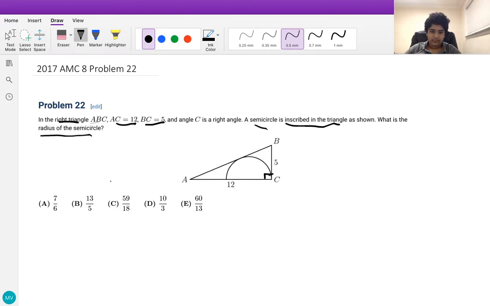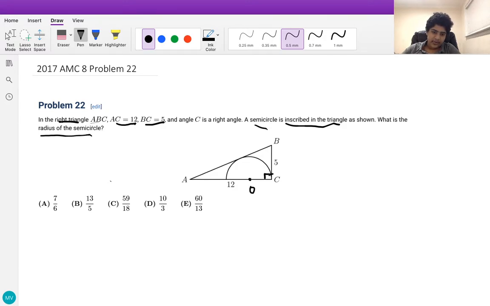Now, there are two main ways that you can approach this problem, and I'll be covering both. The first method is to use similar triangles and the fact that tangents are perpendicular to radii. If we draw the center of the semicircle, which is right here, and label it O, what do we have?